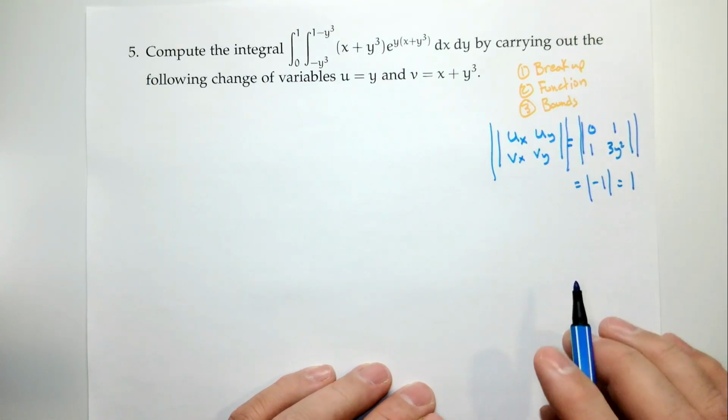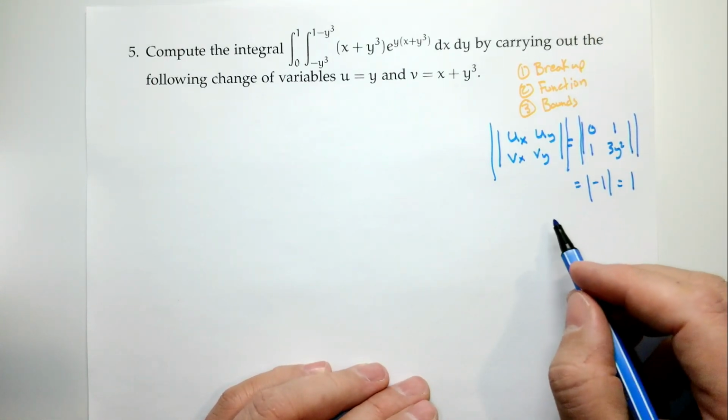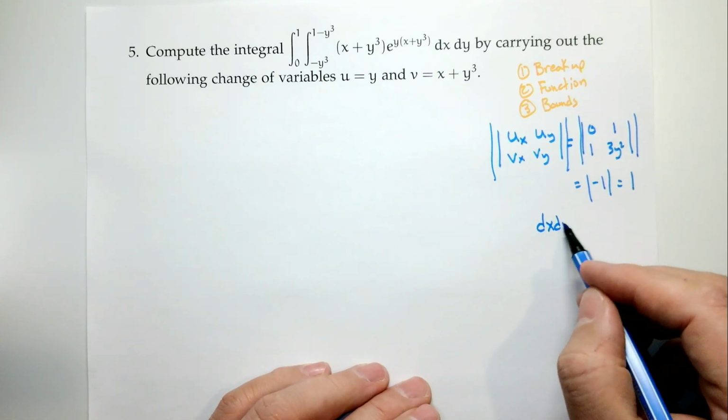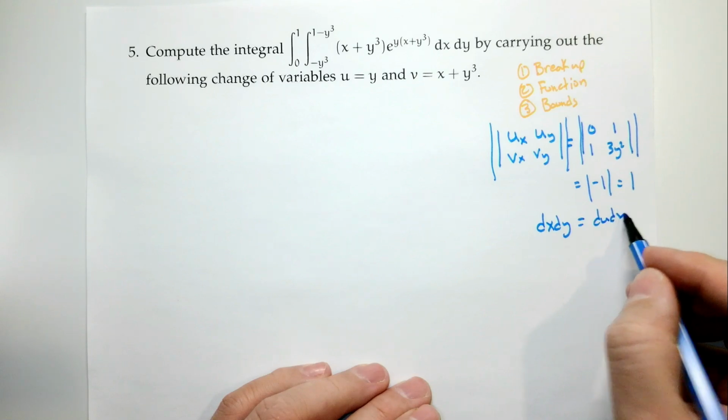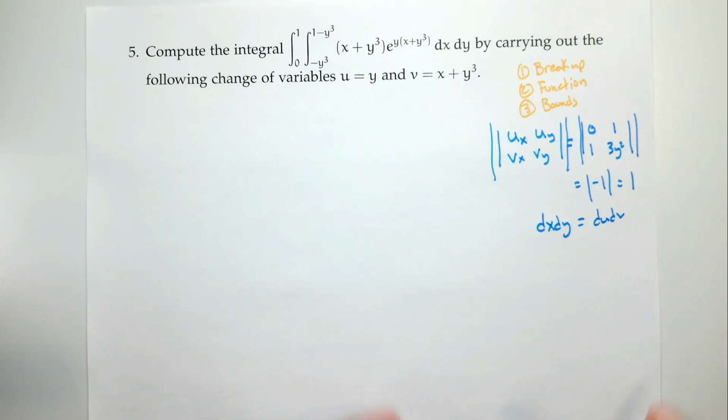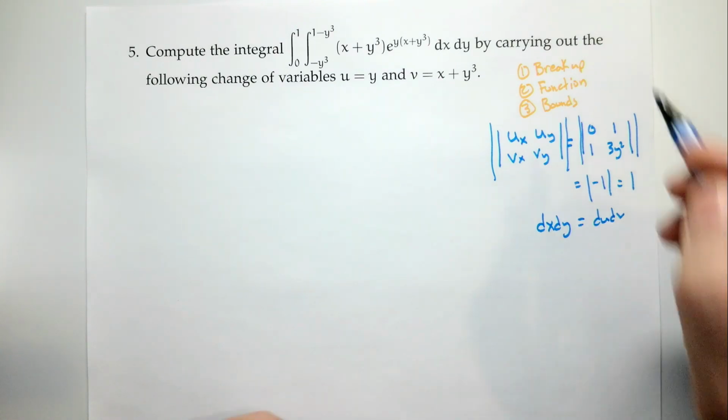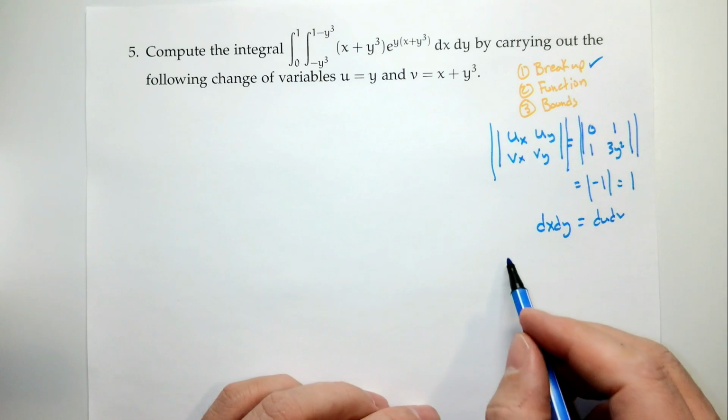So our Jacobian is 1. Well, what does that tell us? It tells us dx dy is equal to du dv, because the scaling factor is 1. All right, so that's not so bad. No real surprises to be seen here. Not yet. Okay, so now that takes us through the breakup. How about the function?